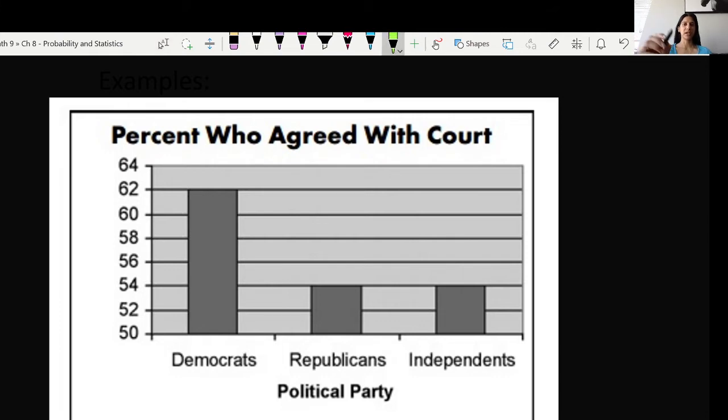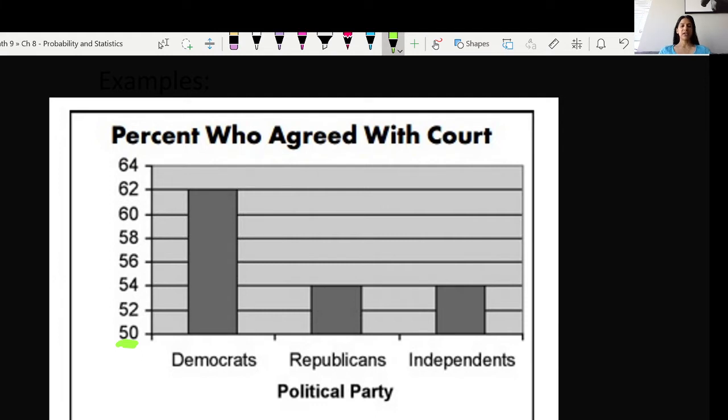So just a few things that I will mention, and we've talked about this before. We've talked about how at the bottom here, that would be what we consider the x-axis, and up here would be what we call the y-axis. So notice that the y-axis values start down here at the number 50.